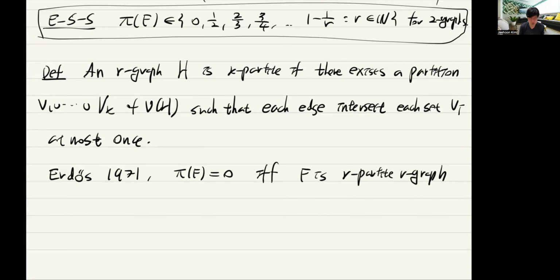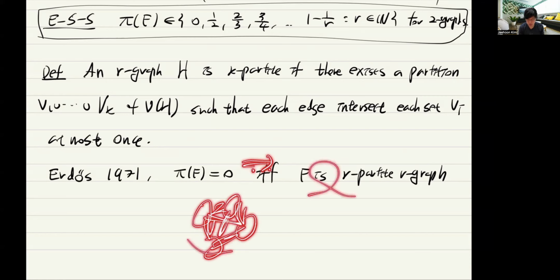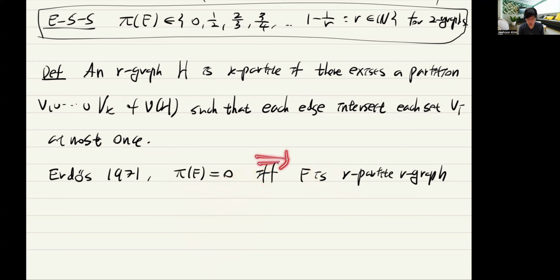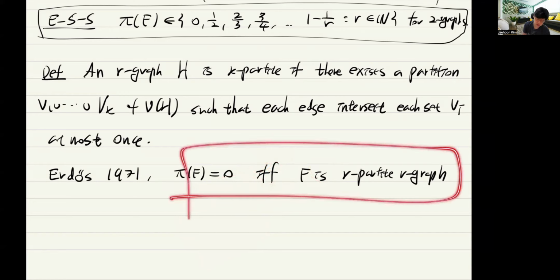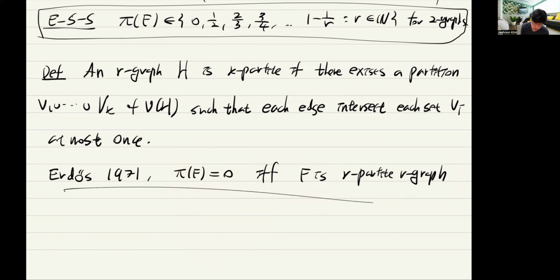So both directions hold. This direction is quite easy. Same as before, you take a complete r-partite graph. If F is not r-partite, then it's not a subgraph of this. But this has positive density, so you get this direction. The other direction is not trivial, but that also holds. We will prove this.